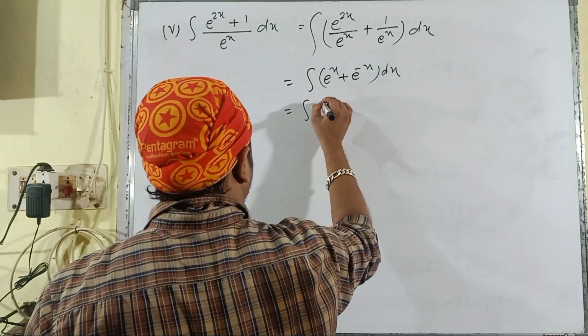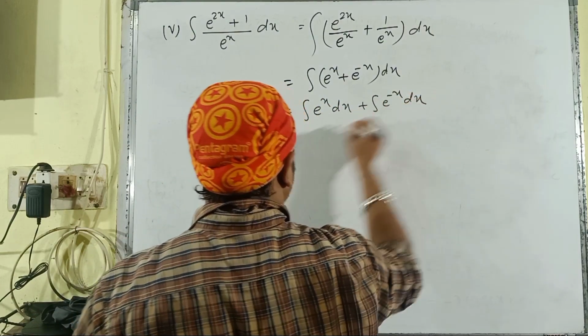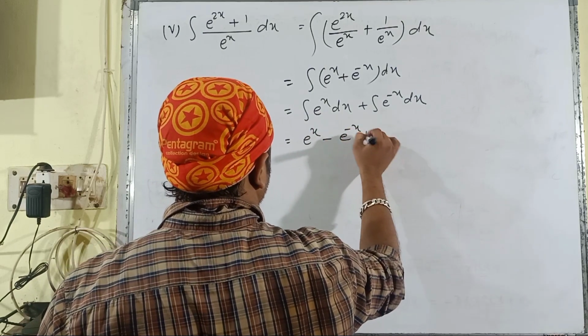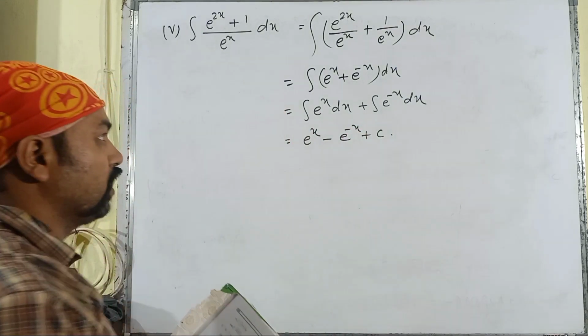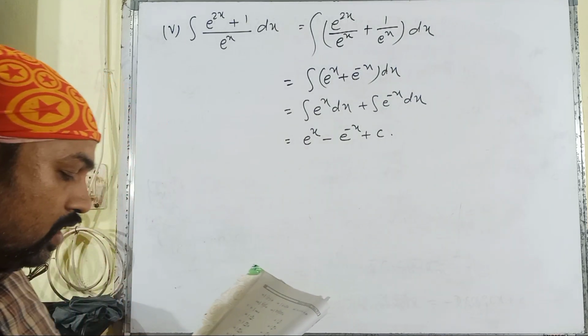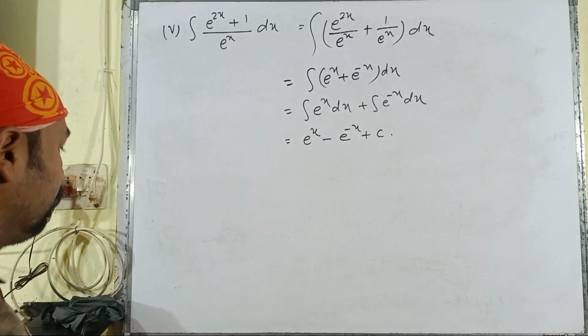Then it is integral of e to the power x dx plus integral of e to the power minus x dx. The solution will be e to the power x minus e to the power minus x plus any constant c, because integral of e to the power minus x is minus e to the power minus x. So here it is all about the problem number 3. Then moving to the problem number 4.